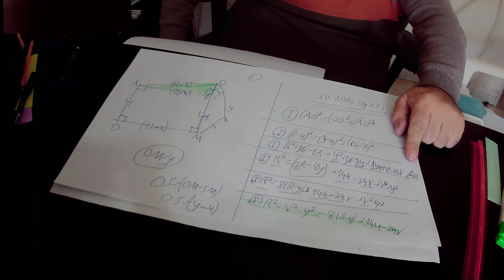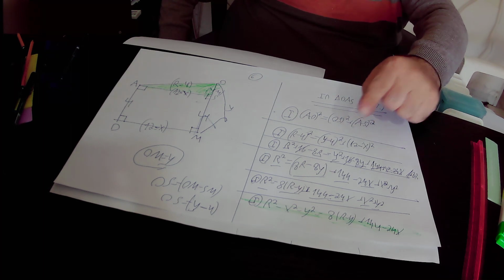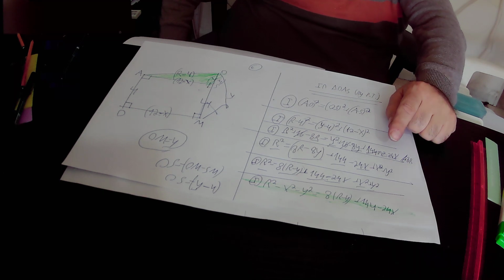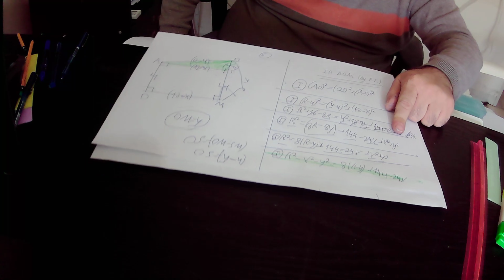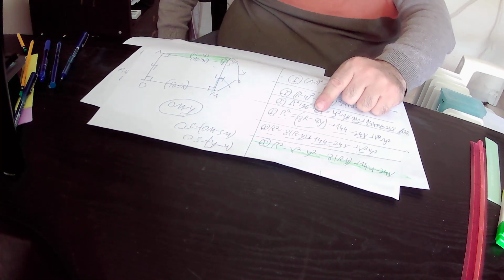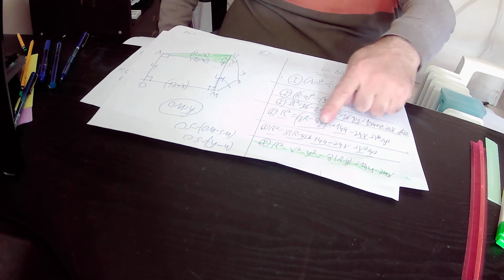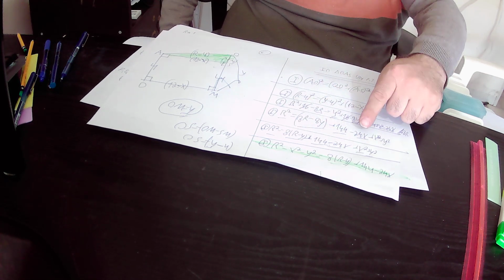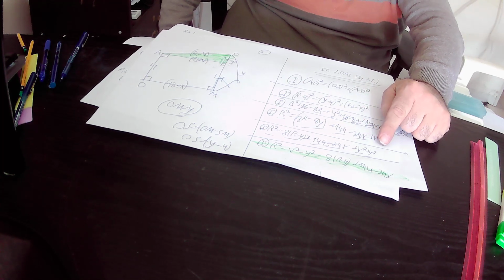We added 8R to this equation number 1, and we got that R squared equals 8R minus 8y plus 144 minus 24x plus x squared plus y squared. Here we took a common factor of 8 out of those two expressions, and we got that R squared equals 8 times (R minus y) plus 144 minus 24x plus x squared plus y squared.